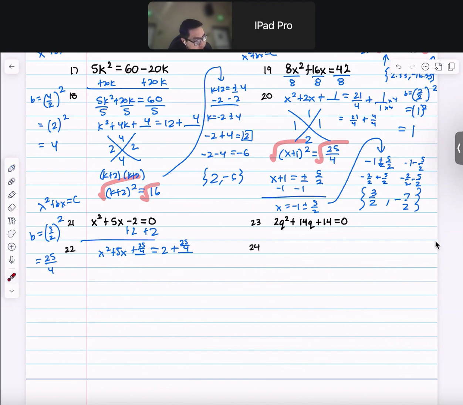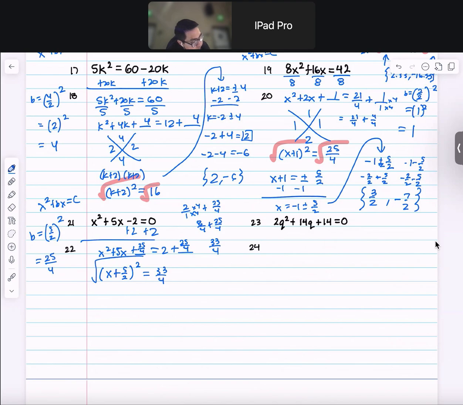Now remember the trick. This number that you divide by 2 is going to be the thing that completes the square. So it's going to be x plus 5/2 squared equals 2 plus 25/4. If you multiply top and bottom of that 2 by 4, you get 8/4 plus 25/4 for 33/4.